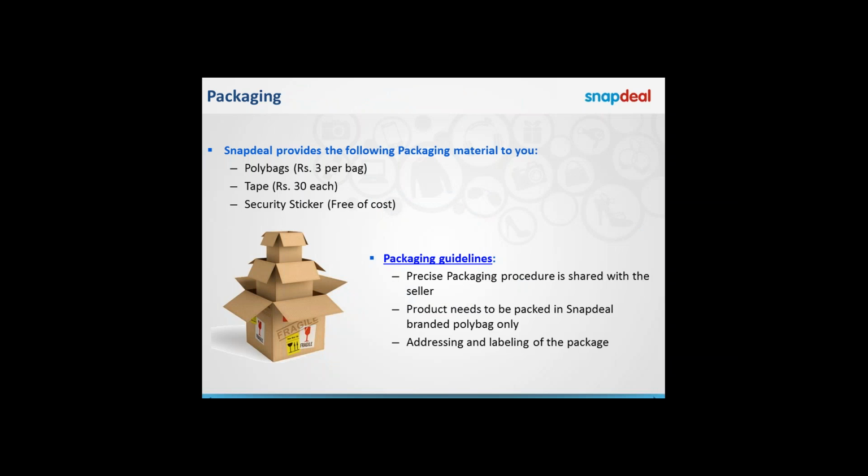We also provide Snapdeal branded sellotape for a product which cannot be put in a poly bag. You would be required to put it in a box and then tape it up. We provide security stickers as well, so that a product does not get tampered with on its way to the buyer's place. We give precise packaging guidelines so that the product doesn't get damaged on its way and it reaches without any tampering and without any breakage.